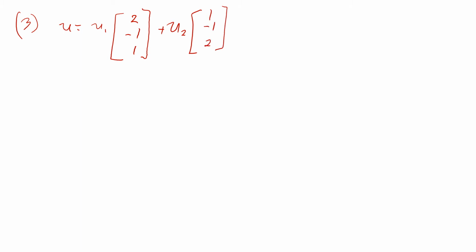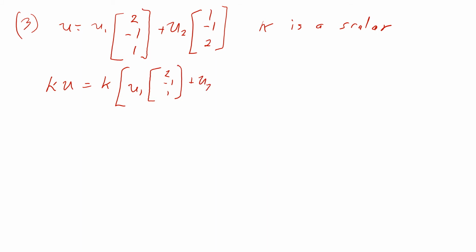So that's u. That describes any vector in there. We're going to say k is a scalar. So now what happens if we take ku? This is any scalar times any vector, what do we get? So it's k times u1 times (2, -1, 1) plus u2 times (1, -1, 2).